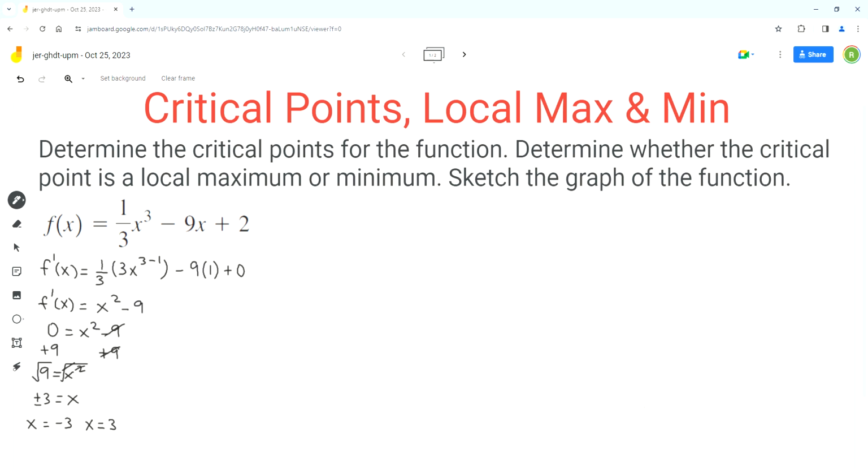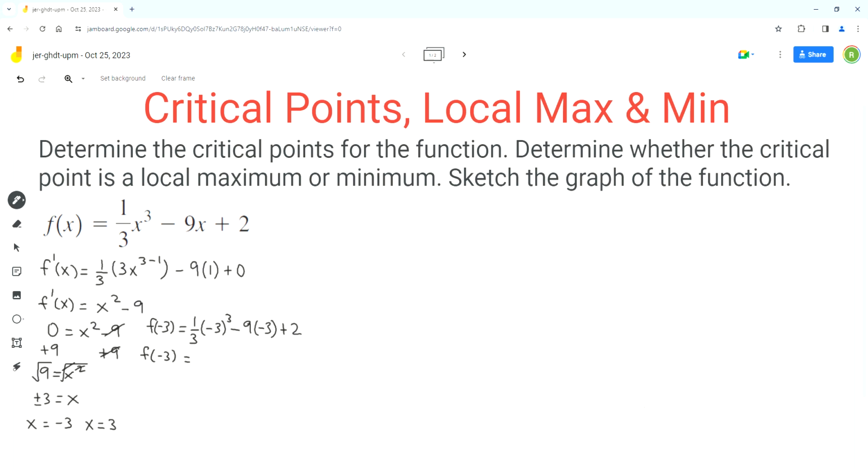Now we can find the critical points. For that we'll have to substitute these x values one by one in the given function. So let's start with x as negative 3. So f(-3) equals 1/3 times negative 3 cubed minus 9 times negative 3 plus 2. Now we can simplify this expression.